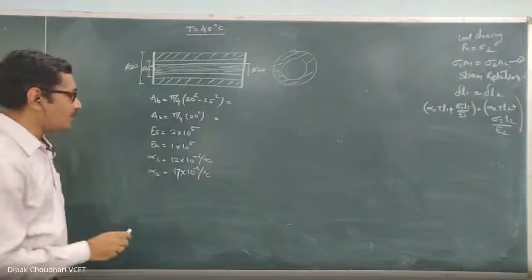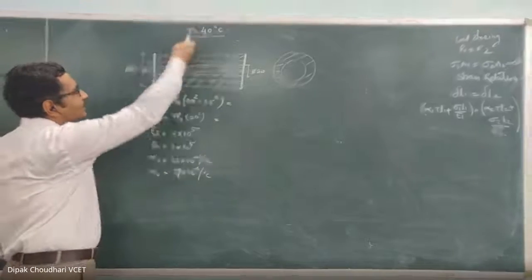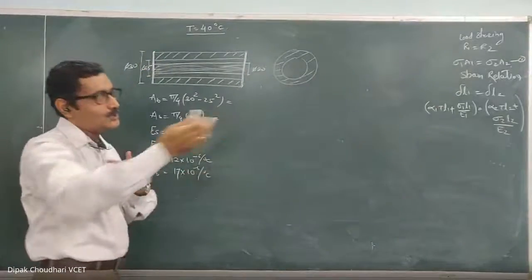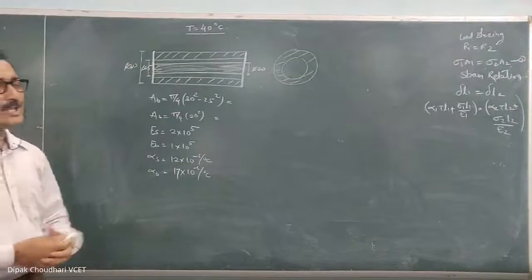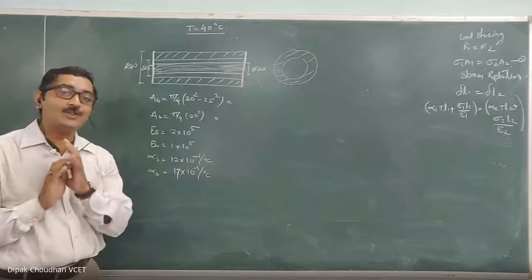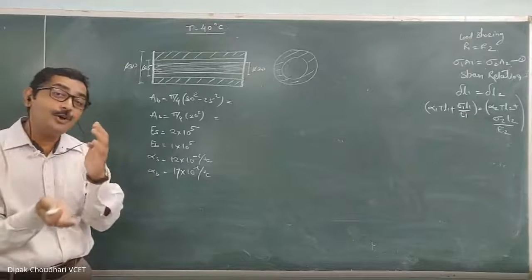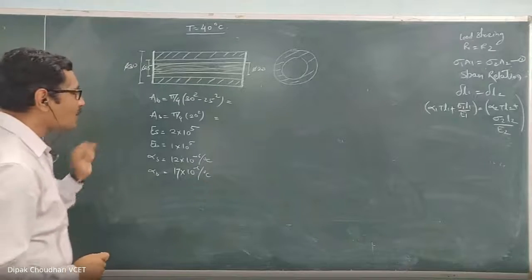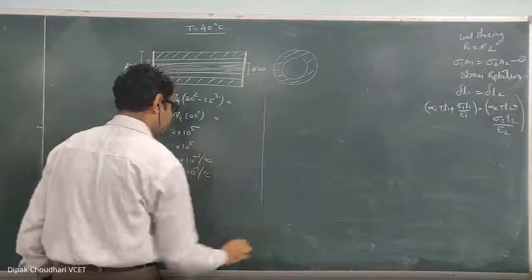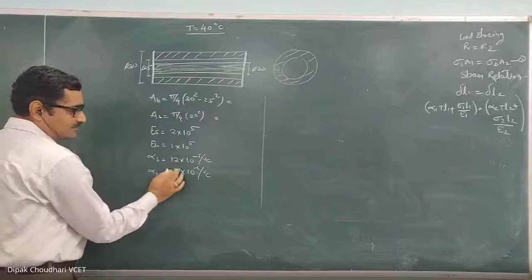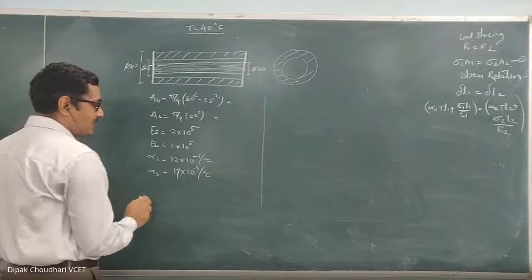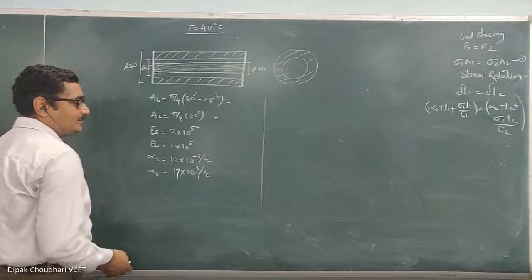Now, if you observe, because of the change in temperature, both the materials will tend to elongate. But they are rigidly connected, so they are not free to elongate. This alpha for steel is 12 into 10 raised to minus 6, and this alpha for brass is 17 into 10 raised to minus 6.